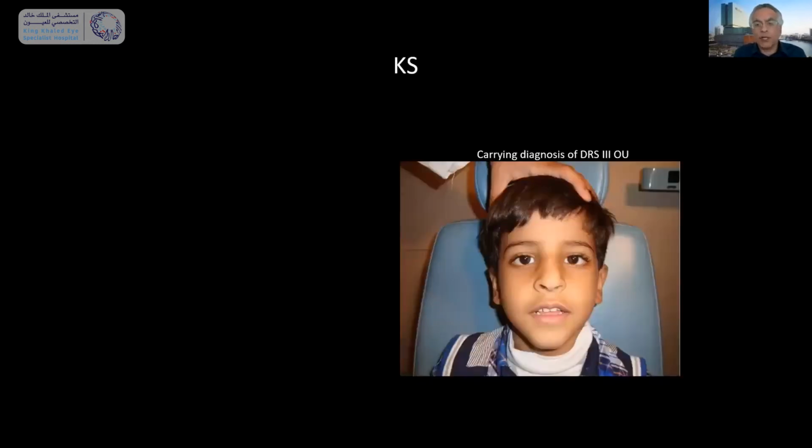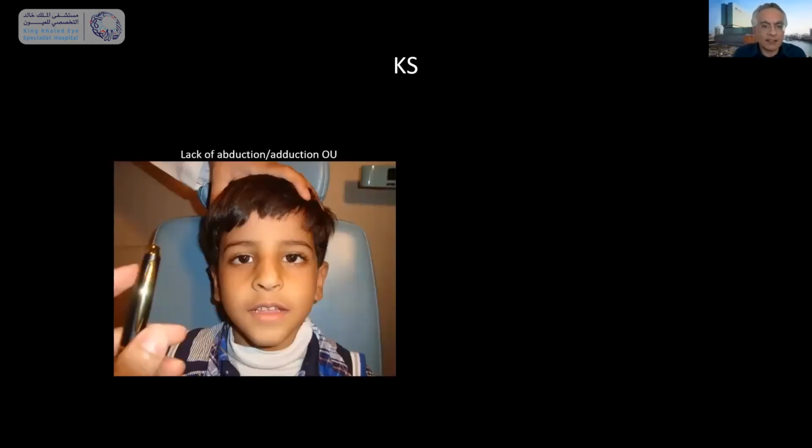Now here's a boy who was referred to me carrying the diagnosis of Duane syndrome type 3 bilaterally. And you can see he had lack of abduction and adduction in both eyes, and that's why he was diagnosed with Duane syndrome. But there's a way you can show that he doesn't have Duane syndrome. When you really push him, what happens?